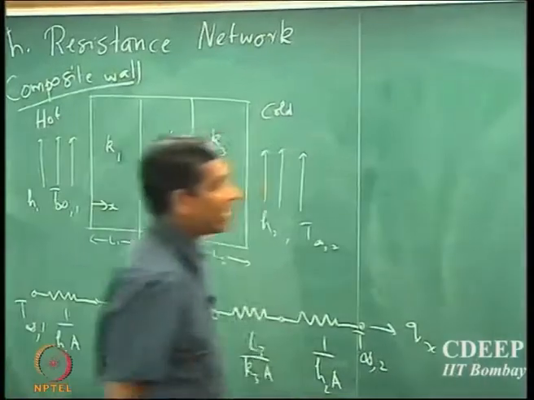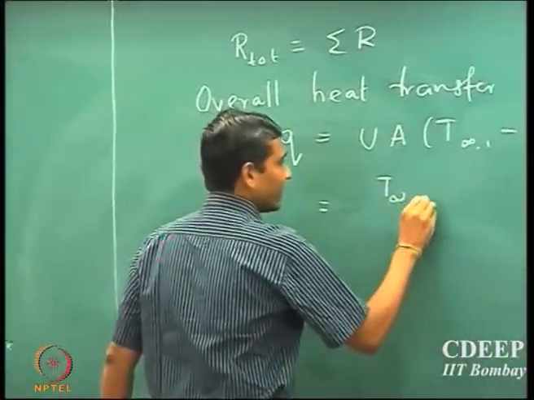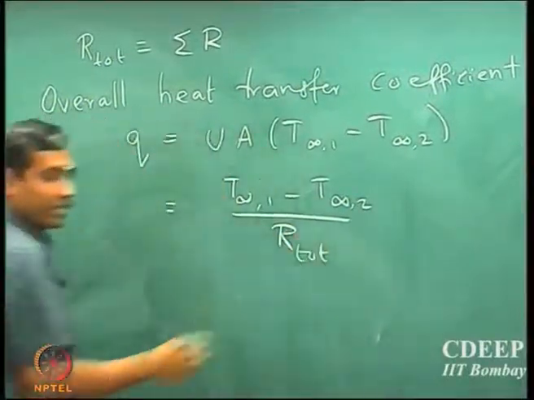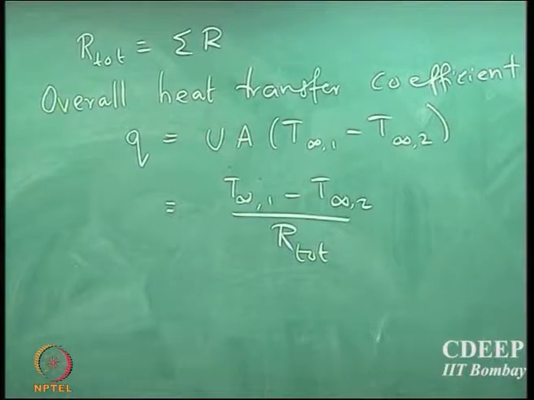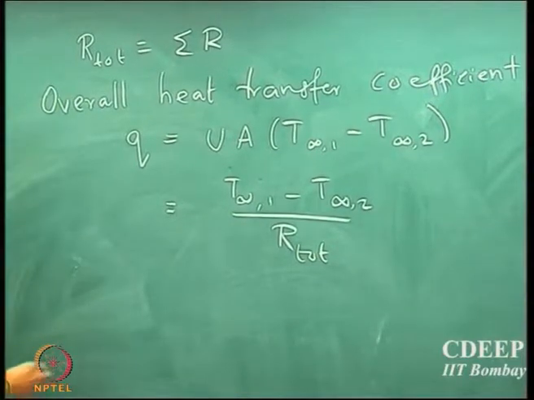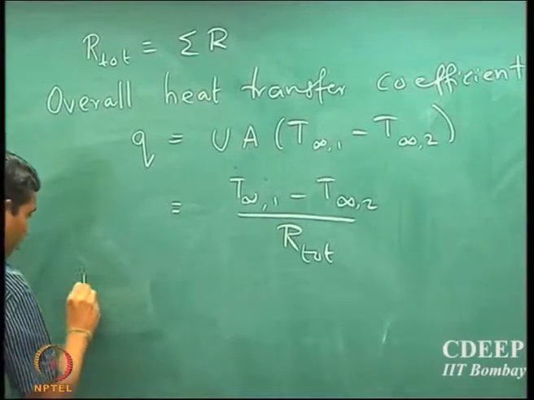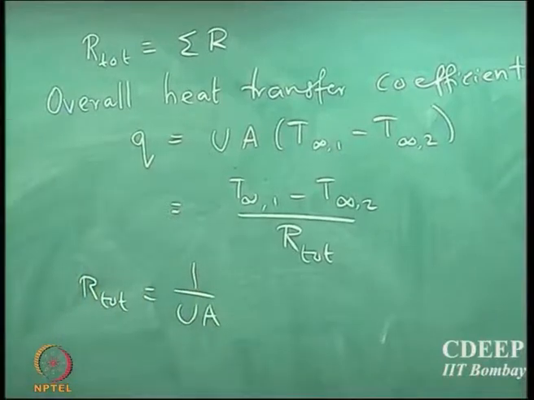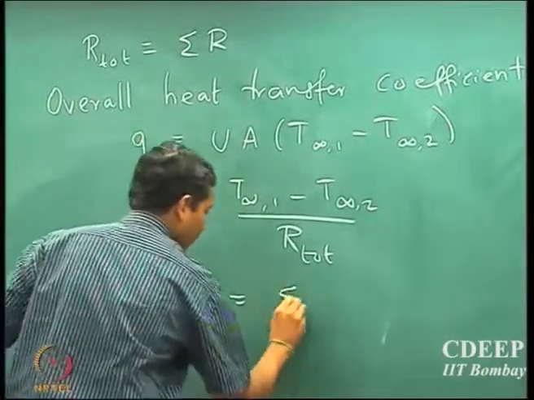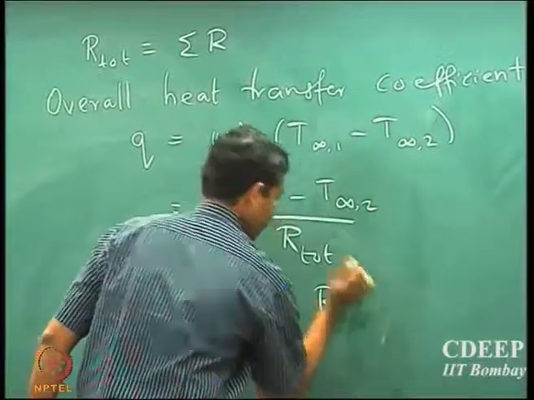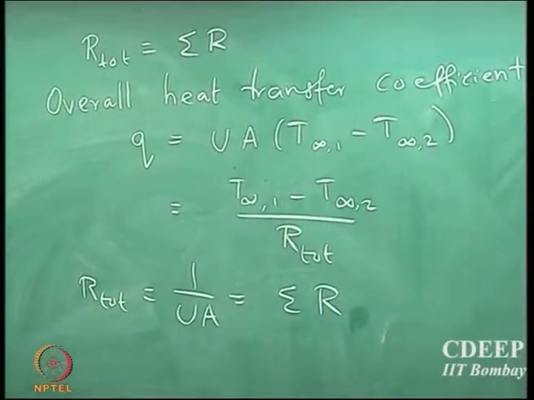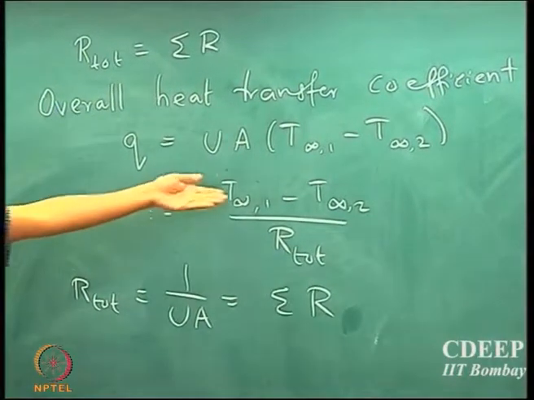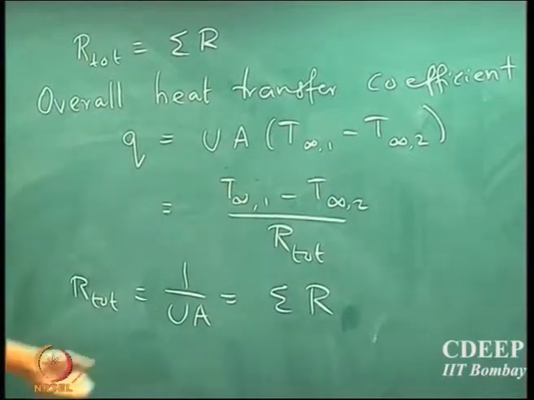By R total. So that's right. So that should be equal to T infinity 1 minus T infinity 2 divided by R total simply by the definition of the resistances. Okay. So from here we can clearly read out that R total equal to 1 by UA, okay, and that should be equal to the sum of all the resistances that are involved in the system that we are considering. So this is a ubiquitous property or definition of any heat transport system.